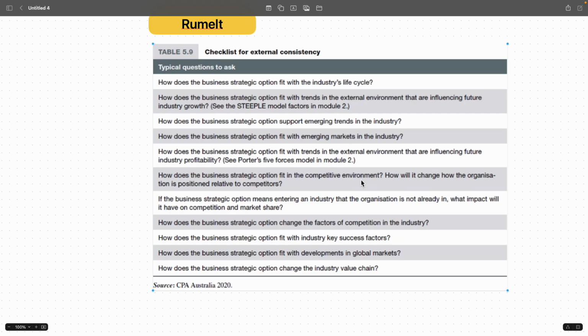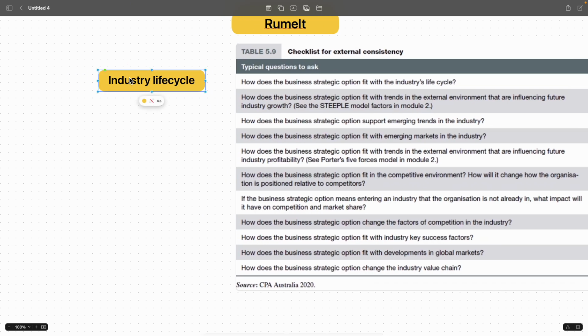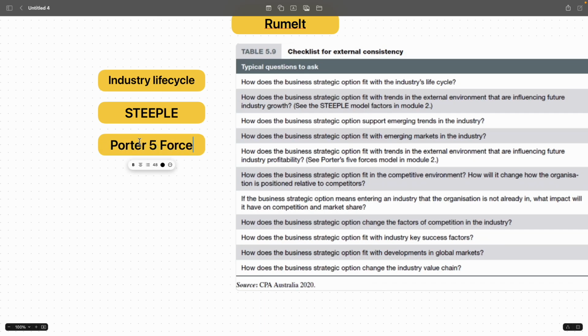At the end of the day, if you were to summarize the key factors, number one is industry life cycle. Okay, that's one. The next one they also had is STEEPLE, got it? Next, they asked you to consider consistency with Porter's Five Forces, got it?